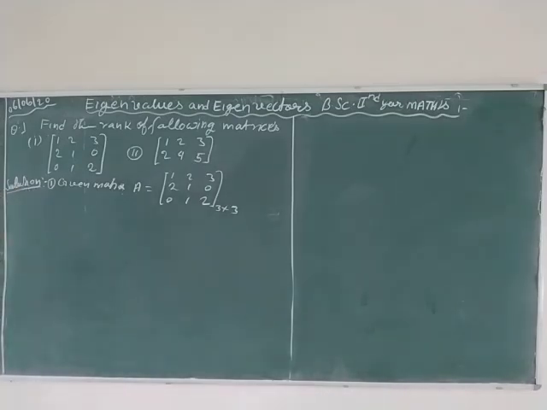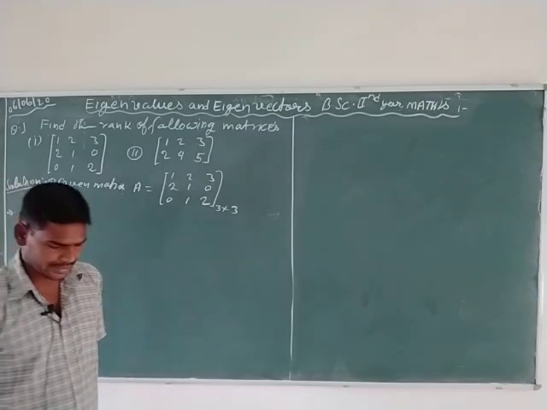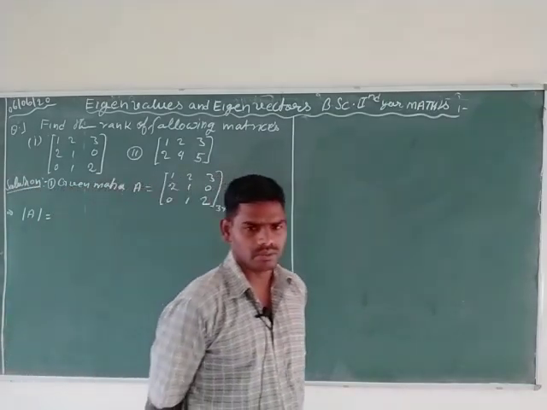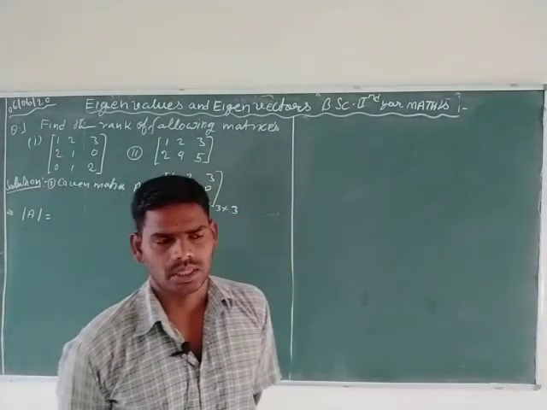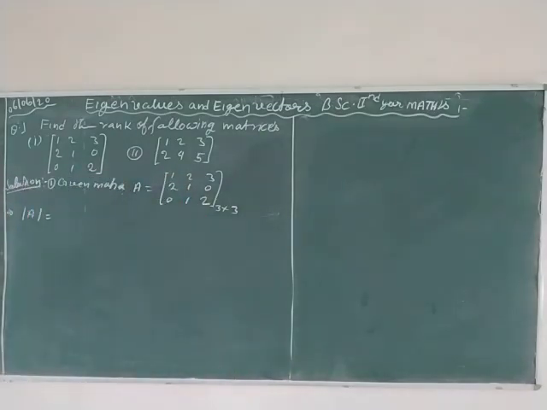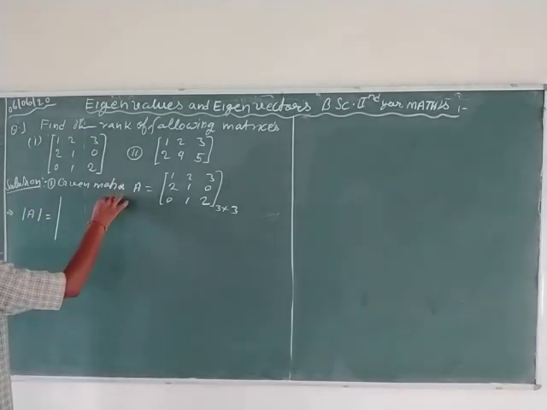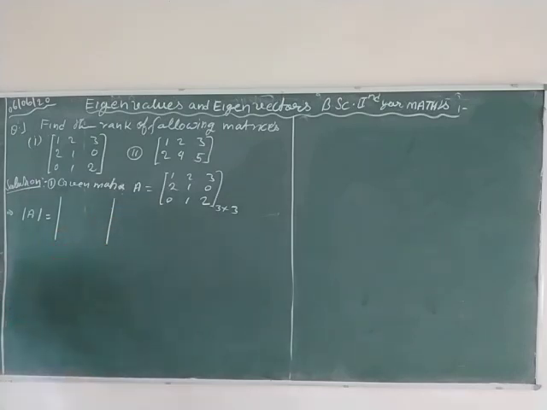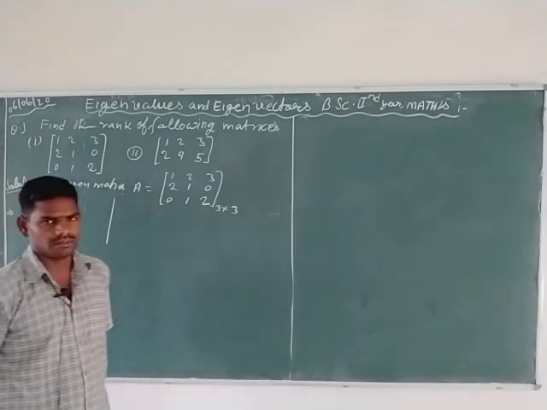So first calculate the determinant of the 3 by 3 order given matrix. It implies mod of A. Mod means determinant of the given matrix, and it has special rules to find the determinant. Here this is the symbol of the determinant of any matrix.